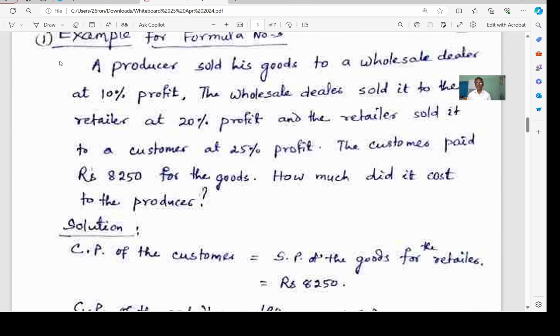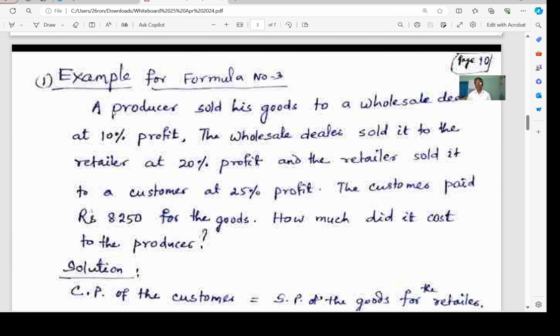Example 1, for formula 3. A producer sold his goods to a wholesale dealer at 10% profit. The wholesale dealer sold it to the retailer at 20% profit, and the retailer sold it to a customer at 25% profit. The customer paid rupees 8,250 for the goods.